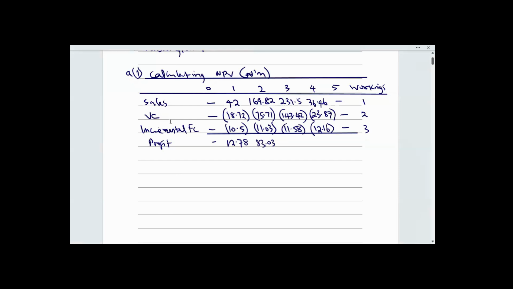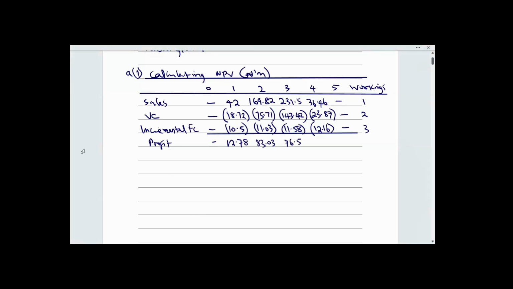Then year three profits will be equal to 231.5 minus 143.42 minus 11.58, that's 76.5.